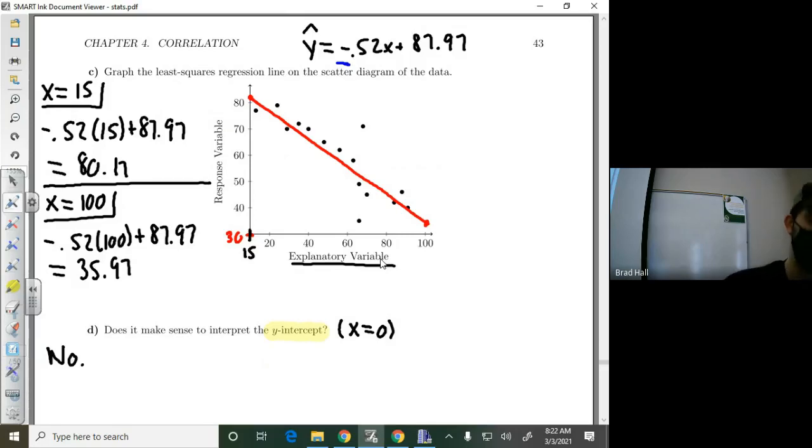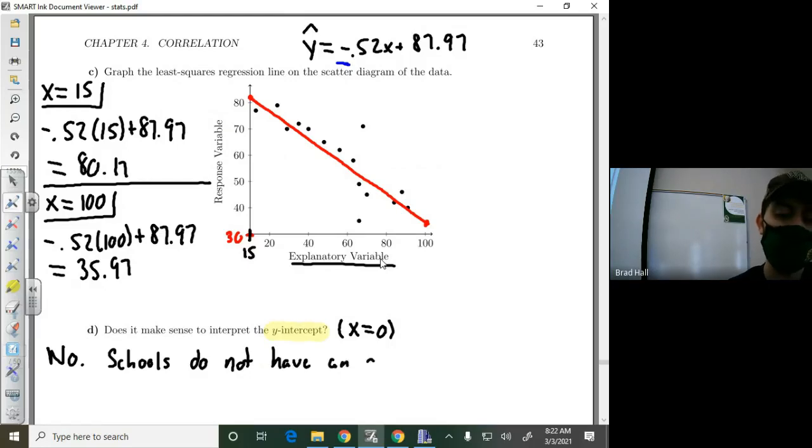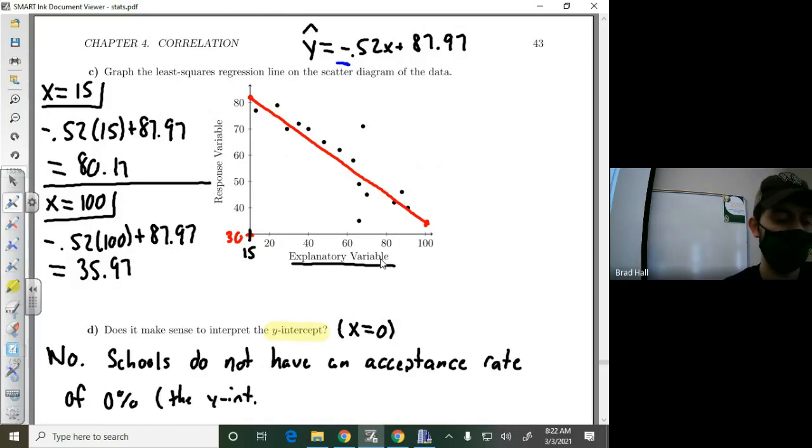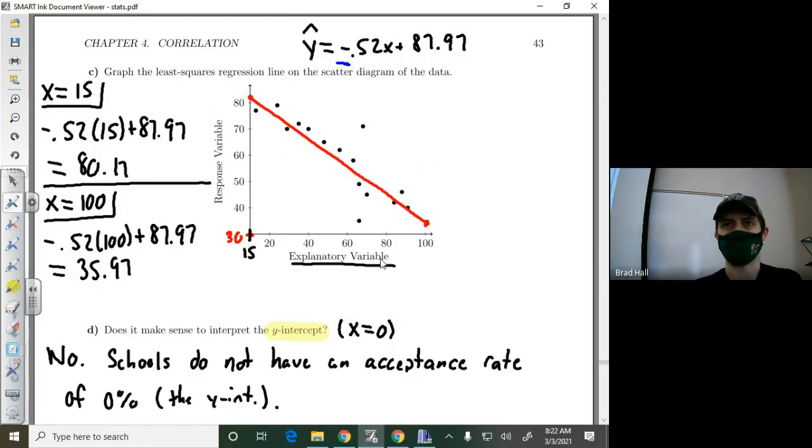No. So the answer is no. Schools do not have an acceptance rate of 0%. Is that the y-intercept? So that doesn't make any sense. There's no school that has an acceptance rate of 0.